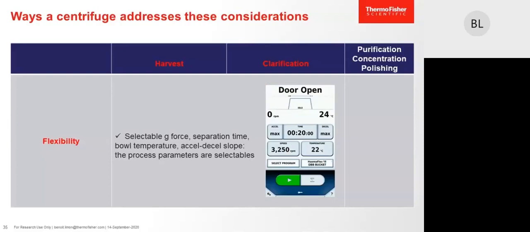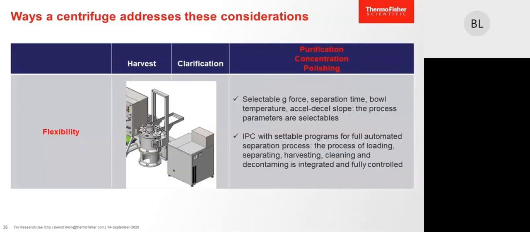And of course, the full flexibility is selectable on the user interface of the equipment, having the different G-force, different separation time, temperature, acceleration and deceleration stop. And in case of this continuous flow centrifuge, the flexibility comes with the automation device on which it is possible to program the recipe in many different manner.